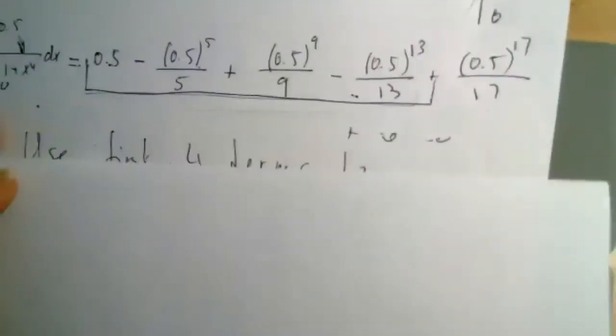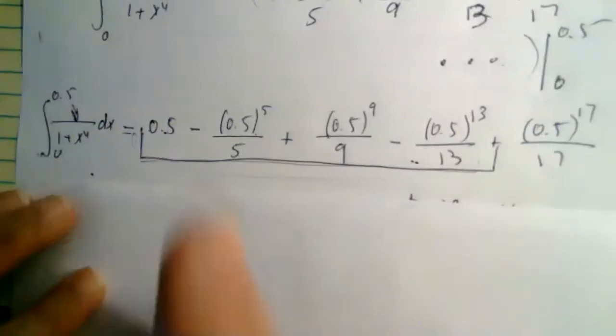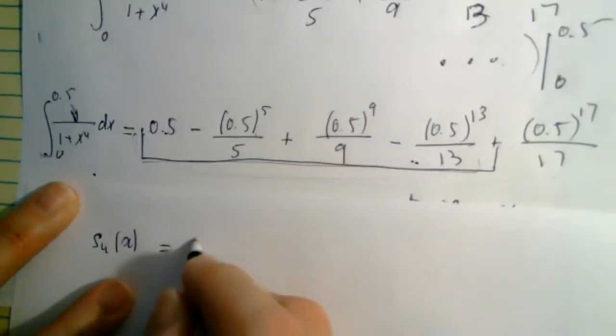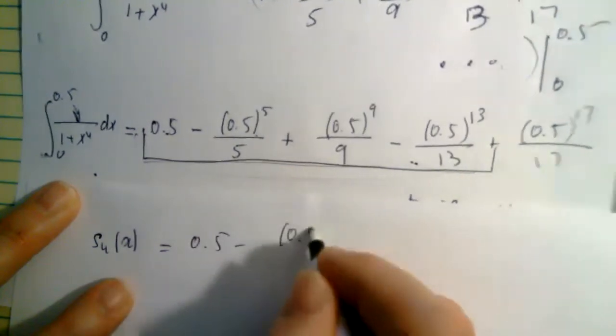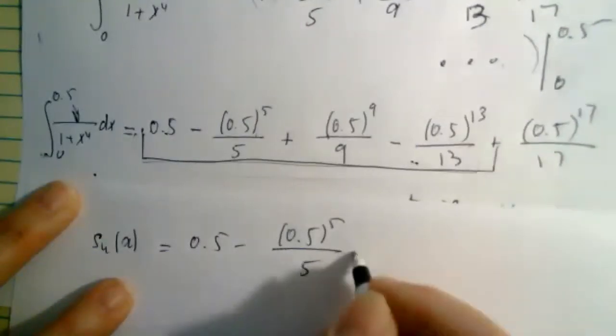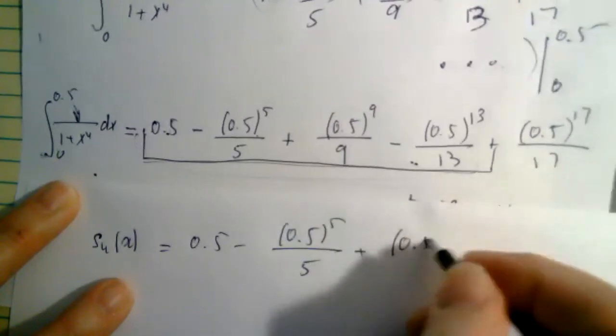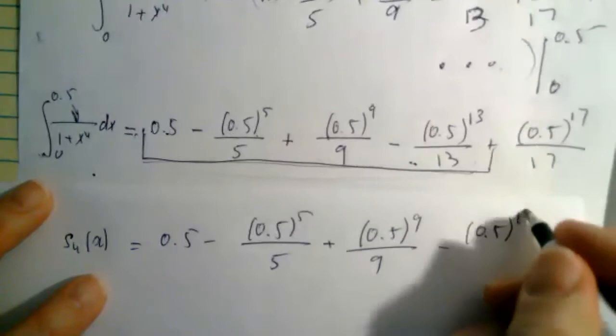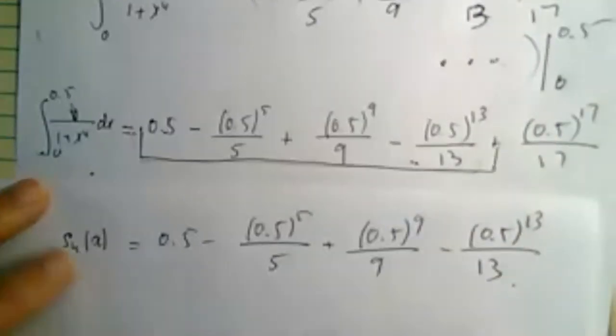which is nothing more than, so we're going to relate to the partial sum. I'm going to take S4, which is 0.5 minus 0.5^5 over 5 plus that. So the first terms to estimate my integral.